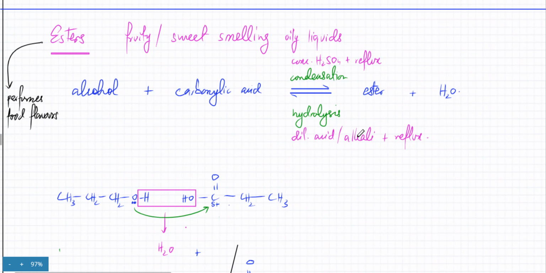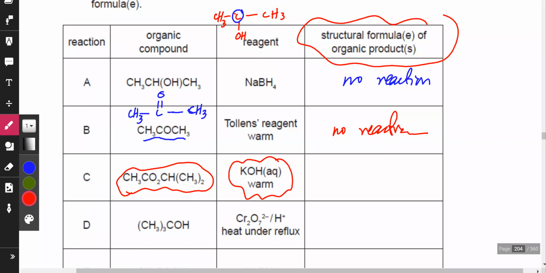Hydrolysis can happen with dilute acid or dilute alkali, which in this case is KOH. So the ester could be broken down back into the alcohol and carboxylic acid. So let's first draw this molecule. It's CH3, then CO2, that's C double bond O and O, followed by CH, and then two CH3s, which means there's a carbon chain, two CH3s. This is the molecule. You break it down in the middle.